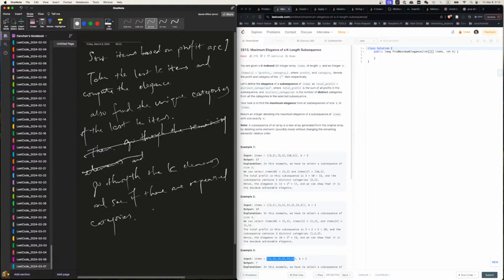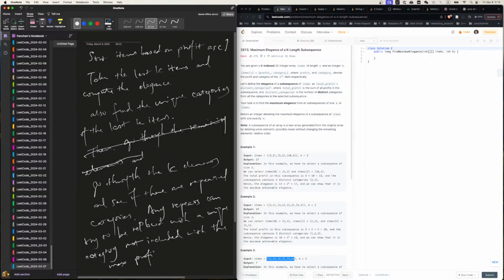Any repeats can try to be replaced with a unique category that's currently not included, right? A new category not included, with the max profit.